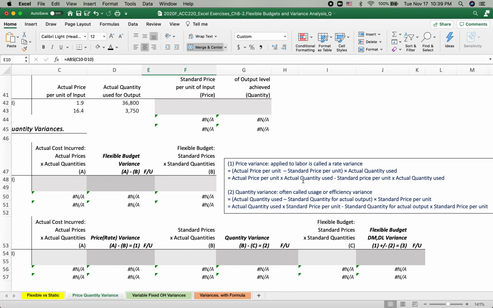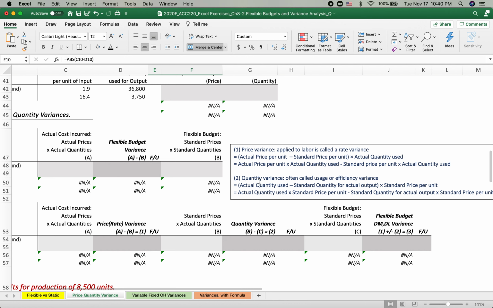As we discussed in class, the price variance is also called the rate variance when we calculate the direct labor variances. The actual price per unit minus the standard price per unit, times the actual quantity used, is the price variance. We want to focus on the price part by multiplying by the actual quantity used.